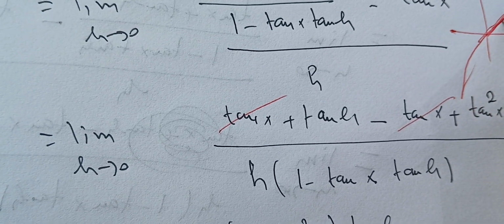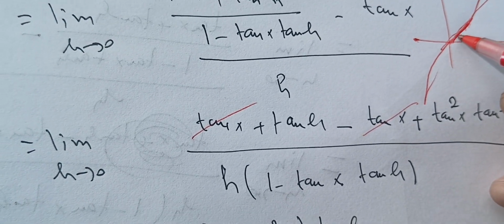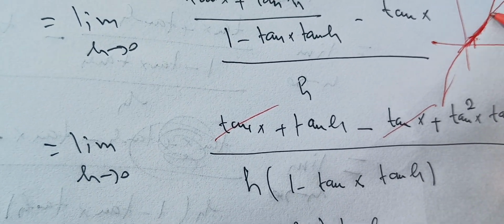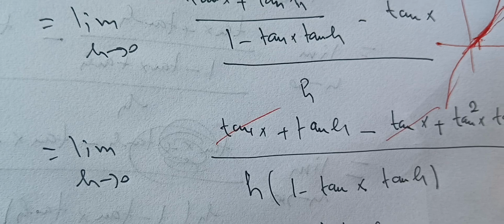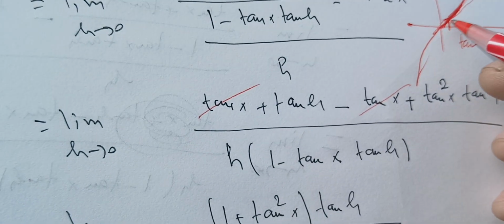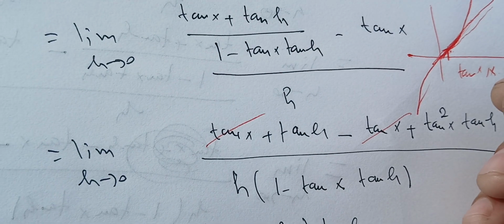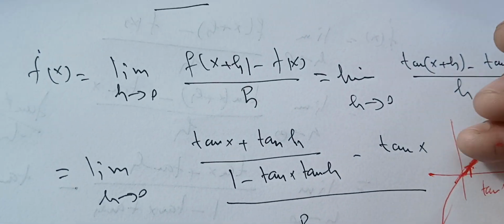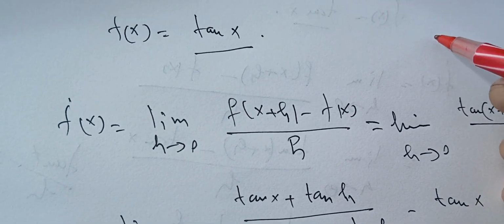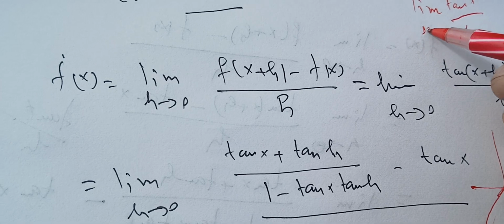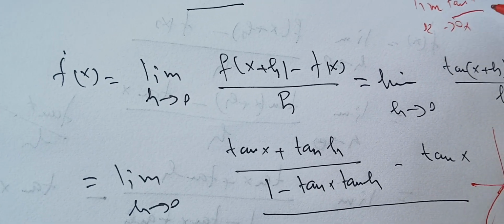When we are very close to 0, tangent x and x are almost the same. So it's like we divide two numbers that are the same. So what do we get? The limit of tangent x over x as x goes to 0 is 1.